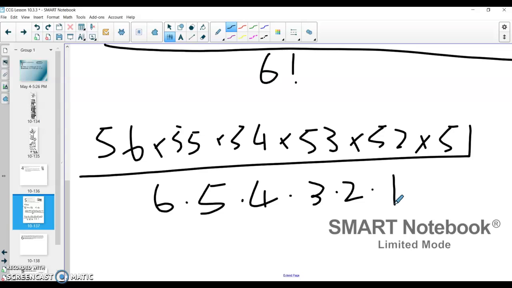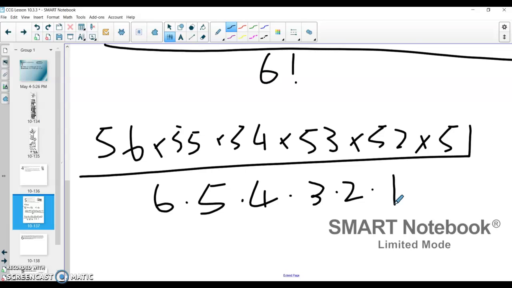Now this just becomes calculator work, and I'm going to do it all as one. I'm going to put in parentheses 56 times 55 times 54 times 53 times 52 times 51. Close my parentheses. Then I'm going to divide that set of parentheses by another set of parentheses: 6 times 5 times 4 times 3 times 2 times 1.